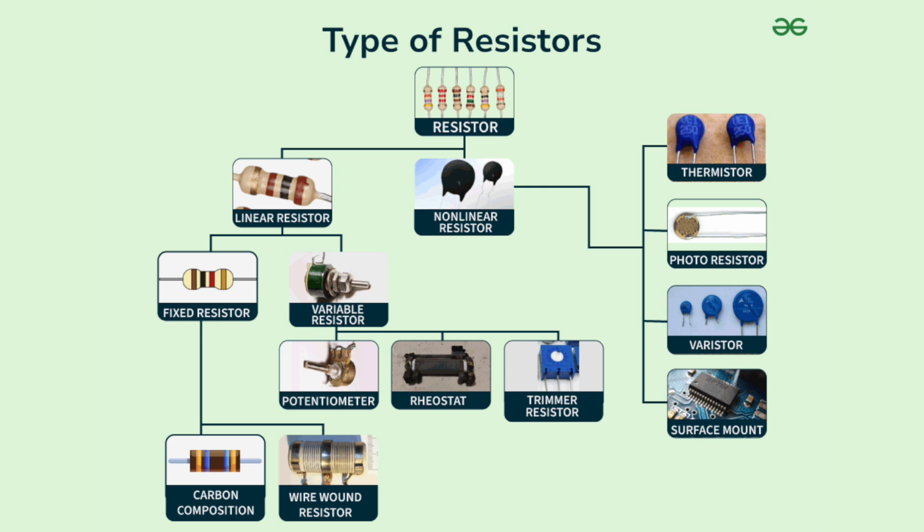The variable resistor can be a potentiometer, rheostat or trimmer resistor. Now the non-linear resistor can be classified as thermistor, photoresistor, varistor and surface mount.